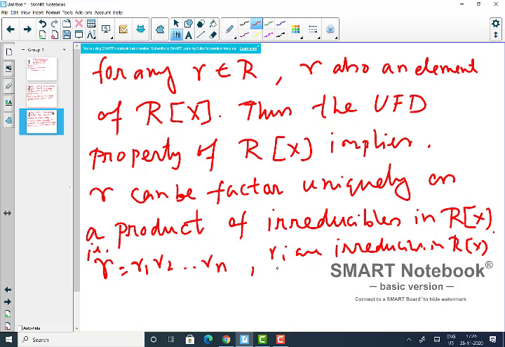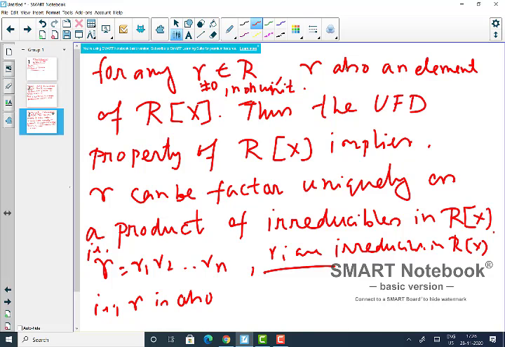Now note that these are constant polynomials, so they have to be inside R also. Obviously, I'm not taking units, so I should say for any non-zero non-unit r. If it is zero or a unit, there is nothing to prove, right? So I'm assuming non-zero non-unit, then only you can do this.